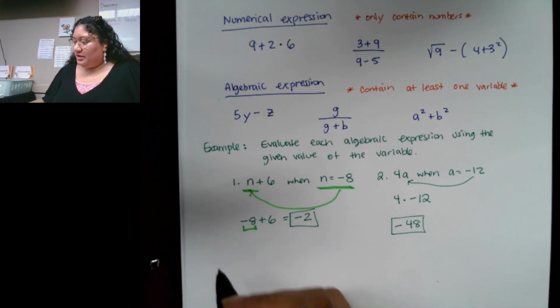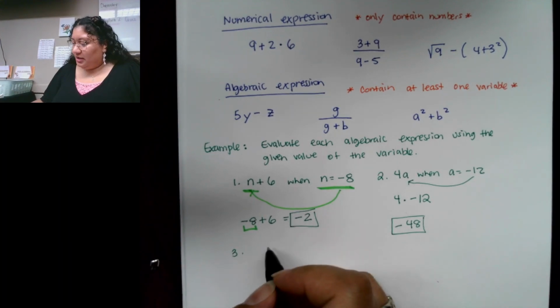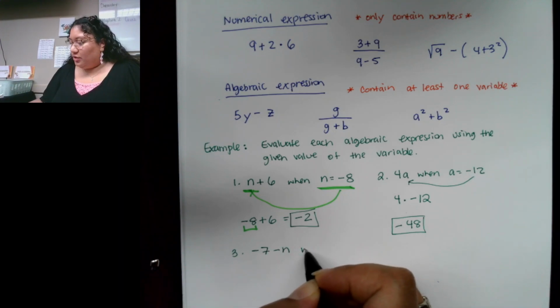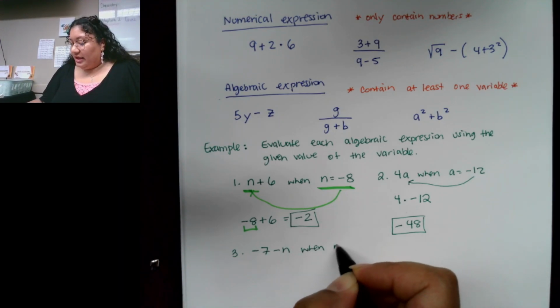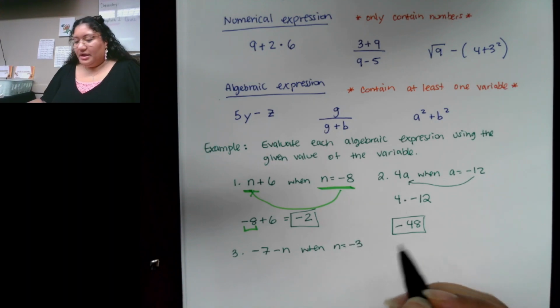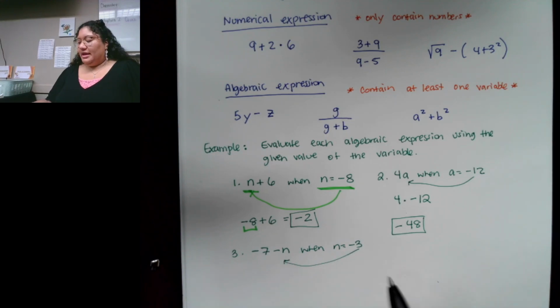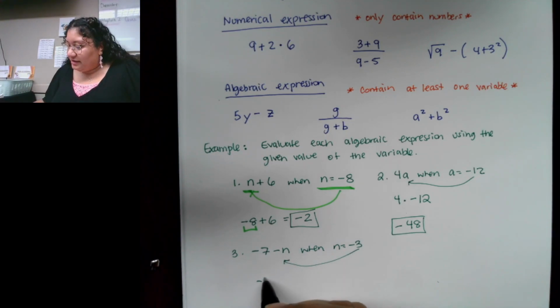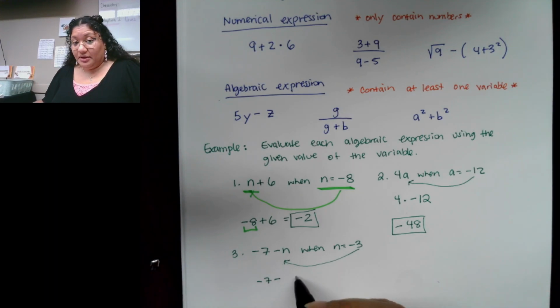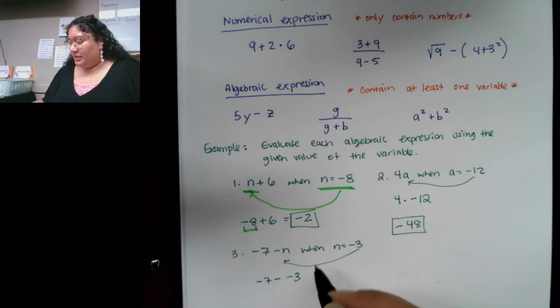Now this last one. Negative 7 minus n when n equals negative 3. Okay, first step, what do we do? Yes, we plug it in. Negative 7 minus, correct? Minus, and I got a negative 3.